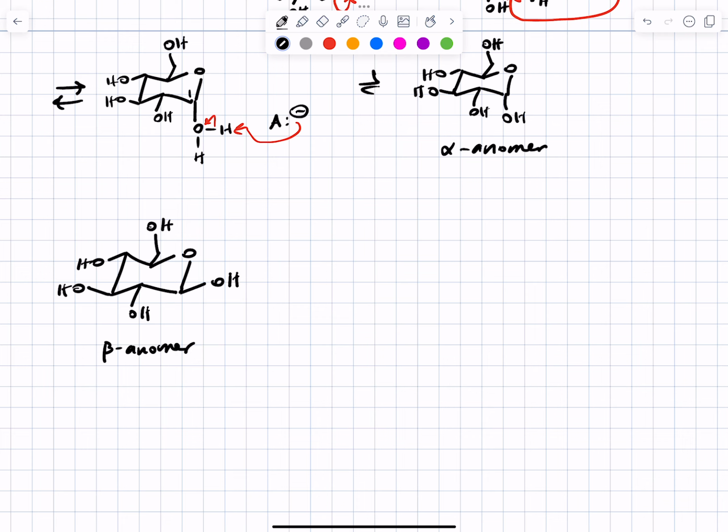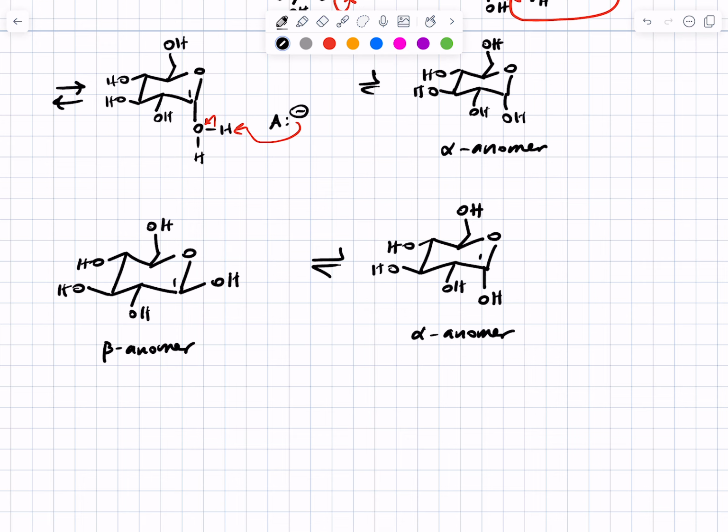So let's actually answer that by asking, using your knowledge from 351, what do you expect to be better? To have the C1 hydroxyl axial or equatorial? Okay, you expect equatorial. Why is that true? A values and sterics. Okay, you've learned about that.